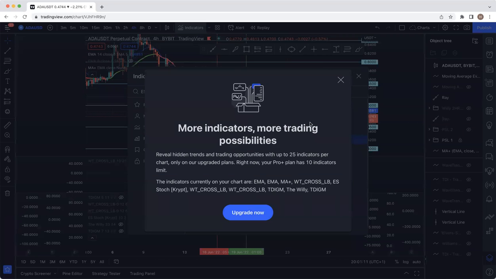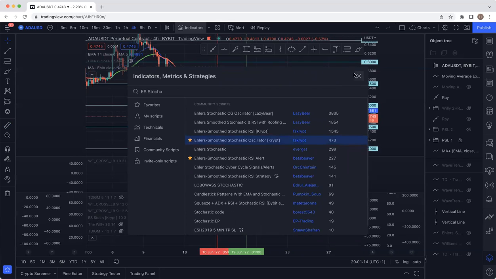Oh God, it's telling me to upgrade. So the one we are looking for is this one. Look at it very carefully. I've opened that already because I've opened lots of indicators. It's asking me to upgrade, but this is the one we're looking for: the LS smooth stochastic oscillator crypt. This is the one.